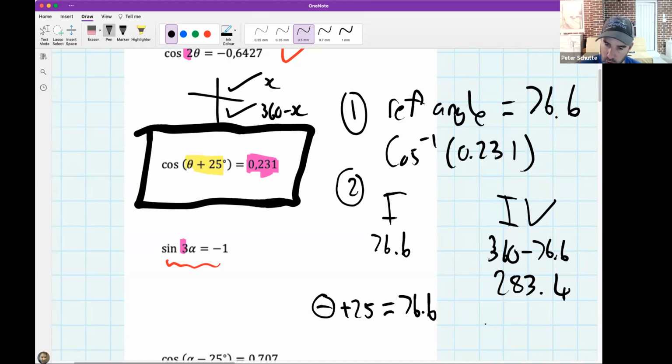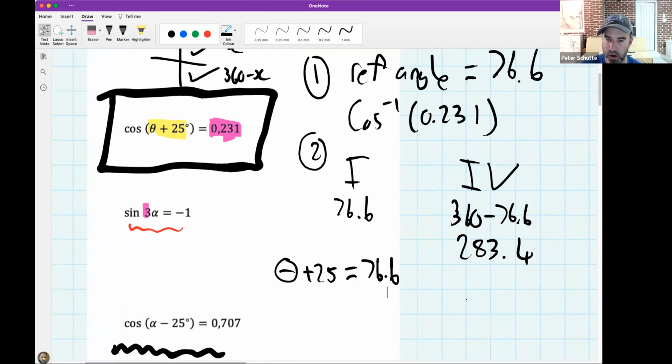And then for the one in quadrant 4, theta plus 25 equals 283.4. If I wanted to add the general solution on, I would just add on k times 360. Because of time today, I'm not going to do that. I'm just going to leave the answers in this form.